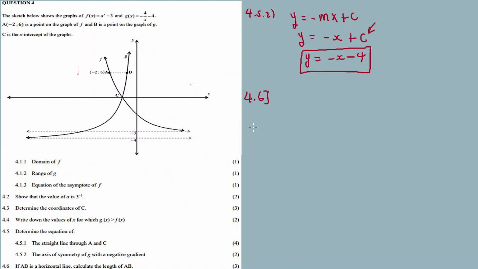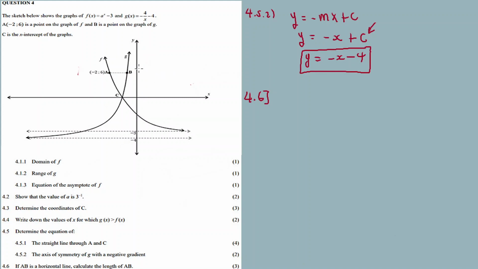Okay. Now I cannot calculate AB without the coordinates of B. So the first thing we will do is calculate the coordinates of B.